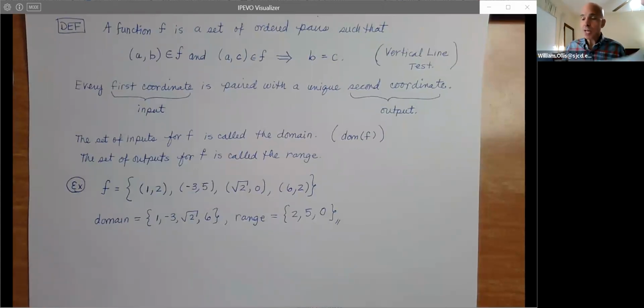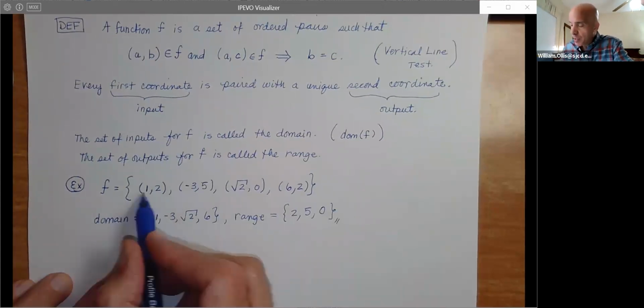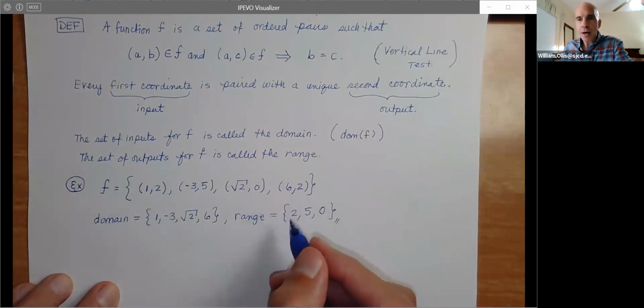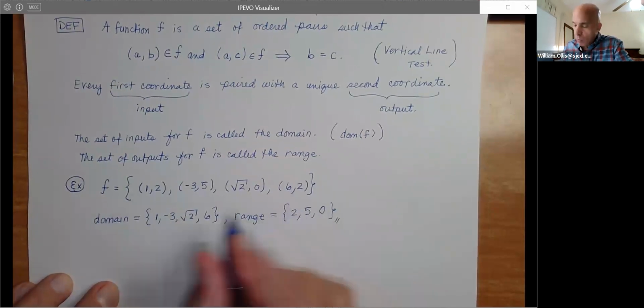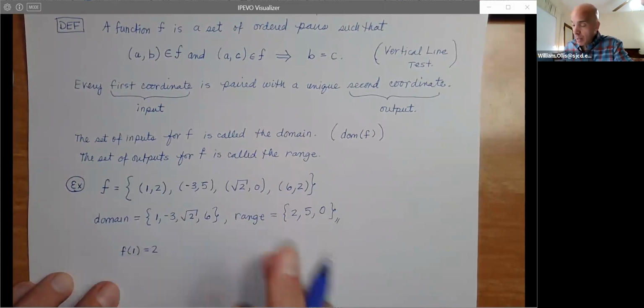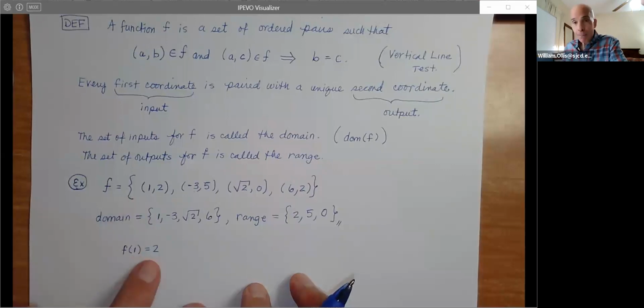So now, like I said before, the notation here is fine, but normally we want to think of the function notation, and we would say something like this: f of 1 equals 2. That is, input 1, output 2.